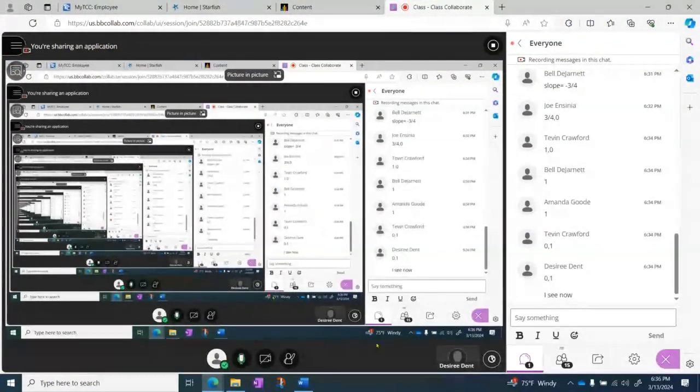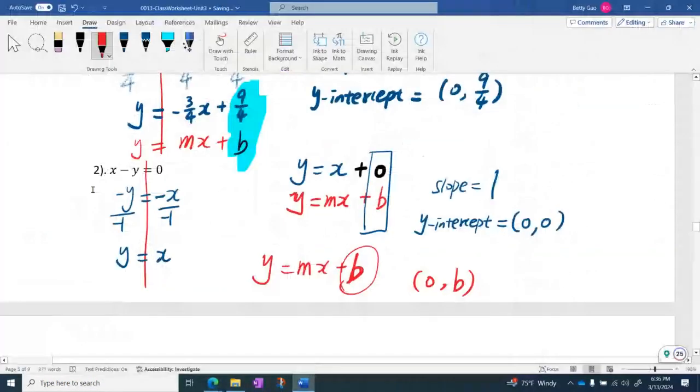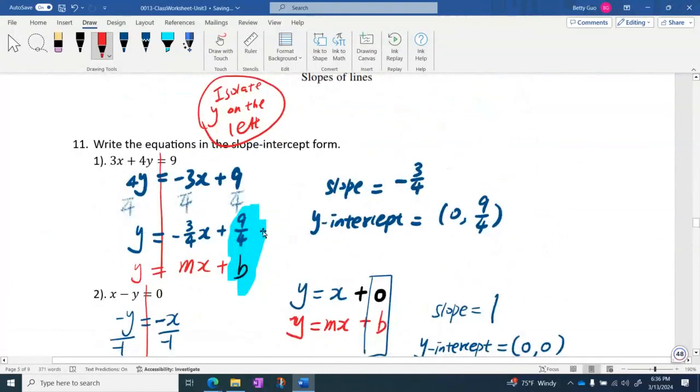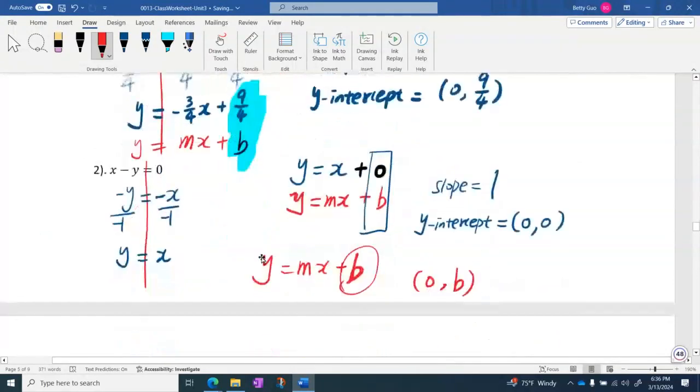Yeah, thank you, Desiree. So in number 2, b is 0, so the y-intercept is 0, 0. Earlier in number 1, b value is 9/4, so y-intercept is 0, 9/4. You see that?